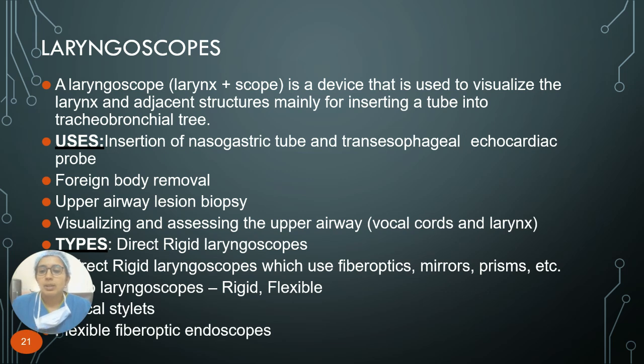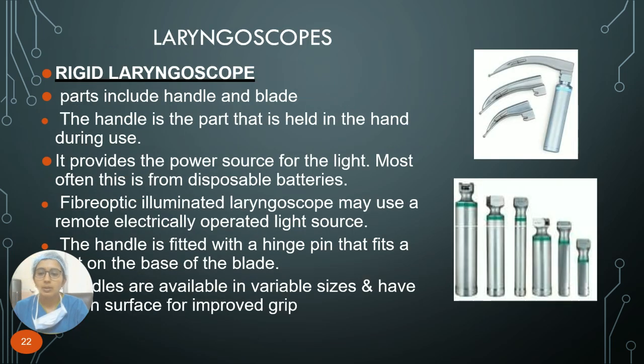The types: direct rigid laryngoscopes, indirect rigid laryngoscopes like fiber optics, videoscopes, and flexible fiber optic endoscopes.